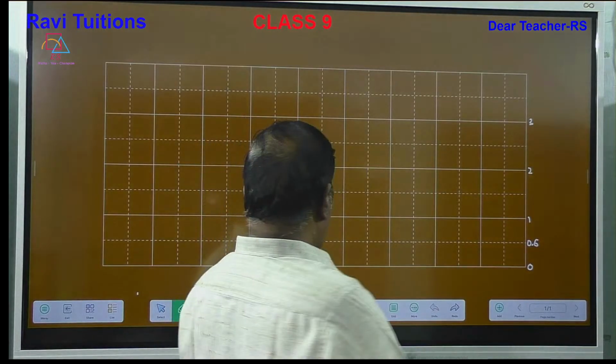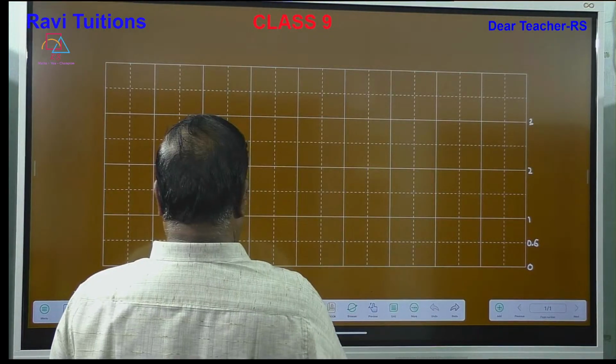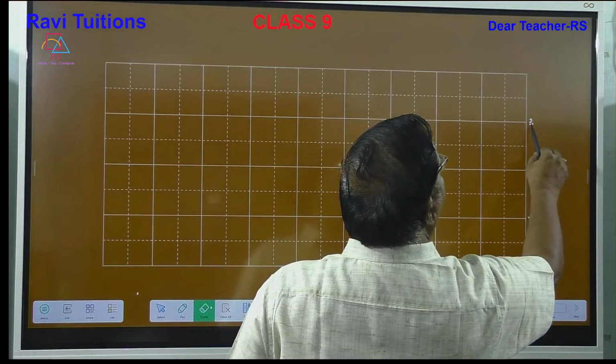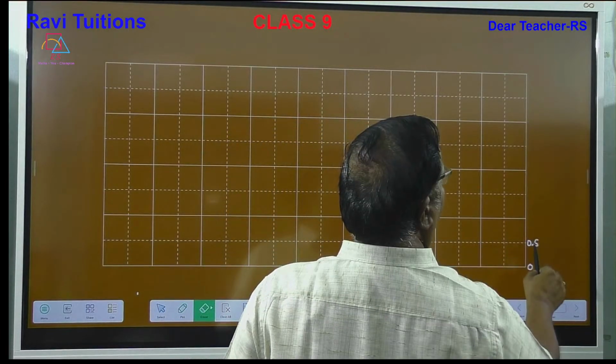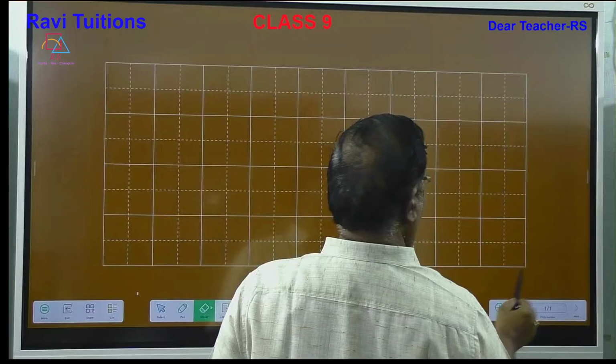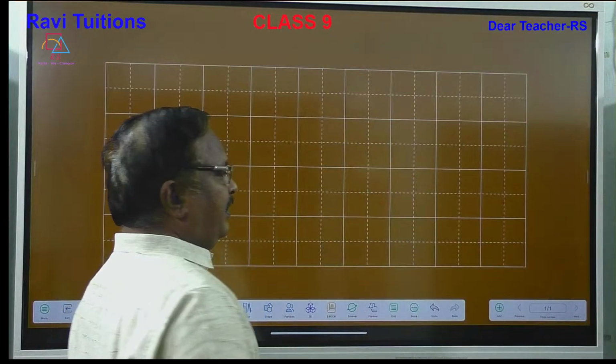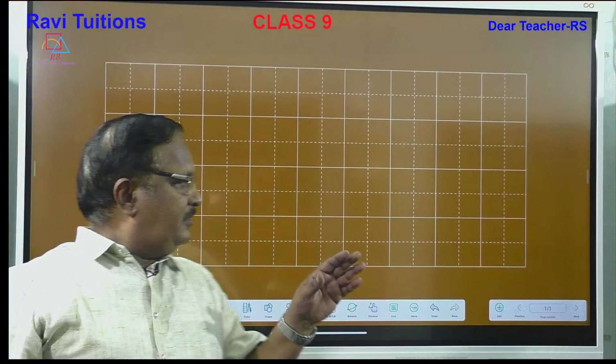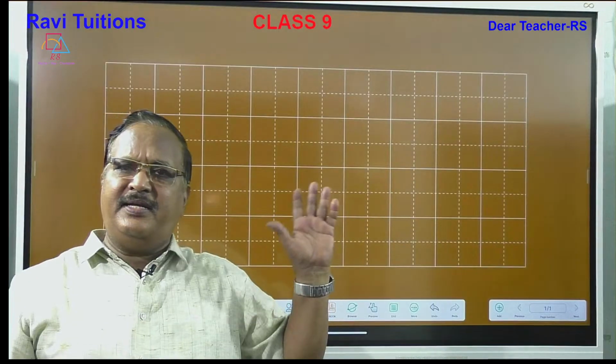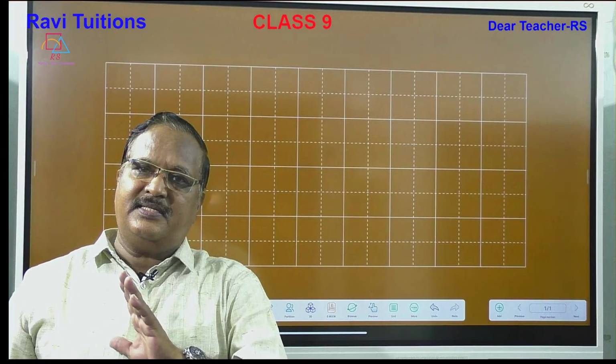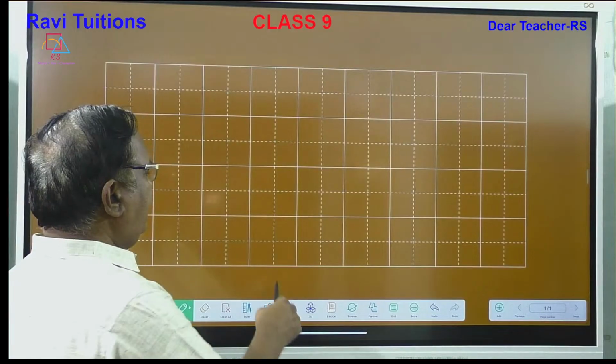Now I'll rub these things. There are horizontal lines and vertical lines. You can draw the x-axis wherever you want, on any horizontal line.